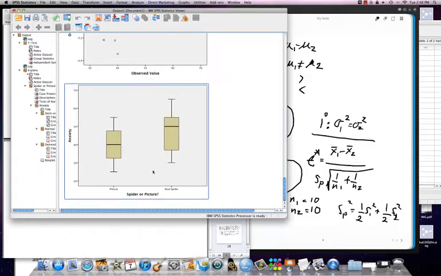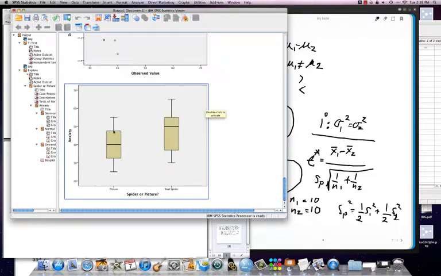Likewise here, I would say they're both very symmetric, even though the median is a little higher here. That's fine. So this is very consistent with what we saw earlier with the QQ plot, because this would probably be mound-shaped because it's very symmetric. The median's right in the center, and likewise here.